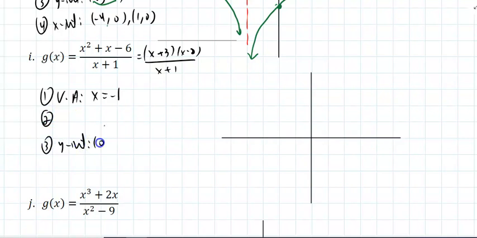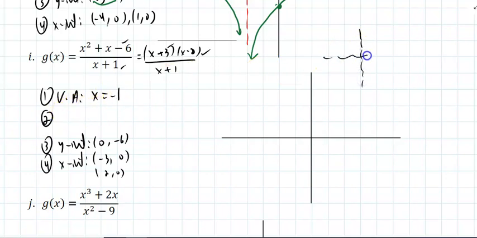If I replace x by 0, I'll get negative 6 over 1, which is negative 6. 4, x-intercept. The top equals 0 when x equals 2 or negative 3. Now, to really clarify, a vertical asymptote is a vertical line.